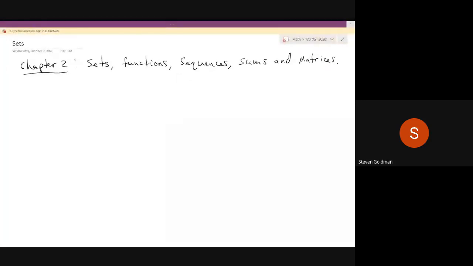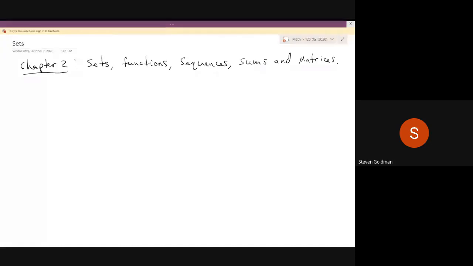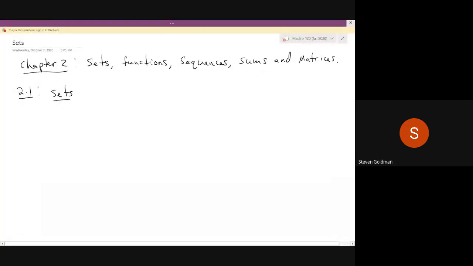Many of you may have seen several of these topics previously. For some of you, some of this stuff might be new. All right, so we start by defining what a set is. Chapter 2.1, sets. The definition of a set is a very broad definition. So let's start with that definition.